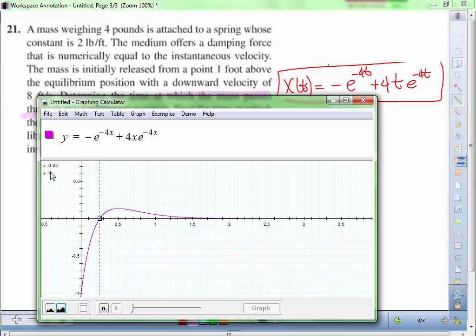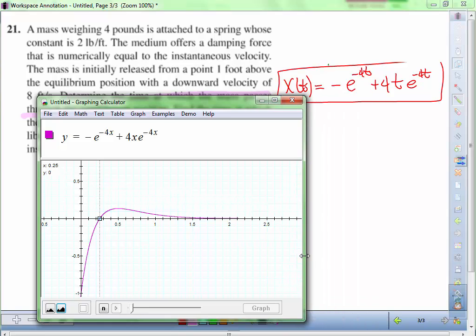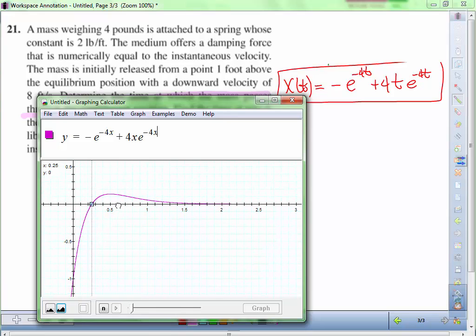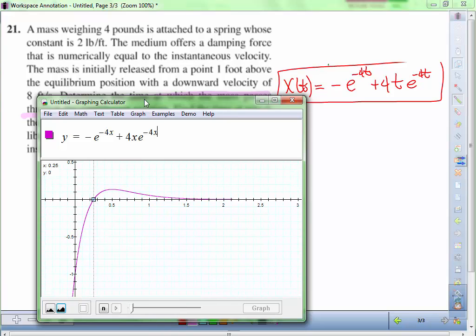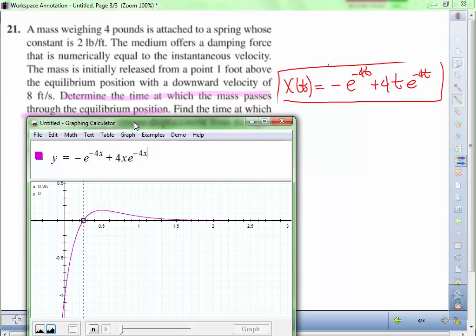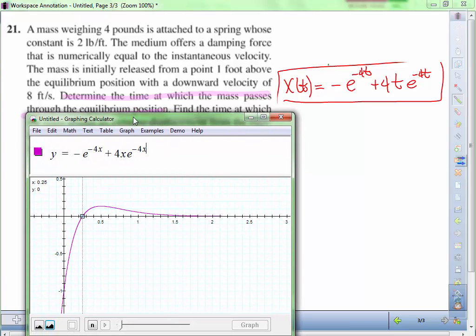So it looks like the t, the independent variable, is about 1/4. So it's about 1/4 of a second where it reaches our first question. Determine the time in which the mass passes through the equilibrium position. It passes one time in the equilibrium position. A quarter of a second.